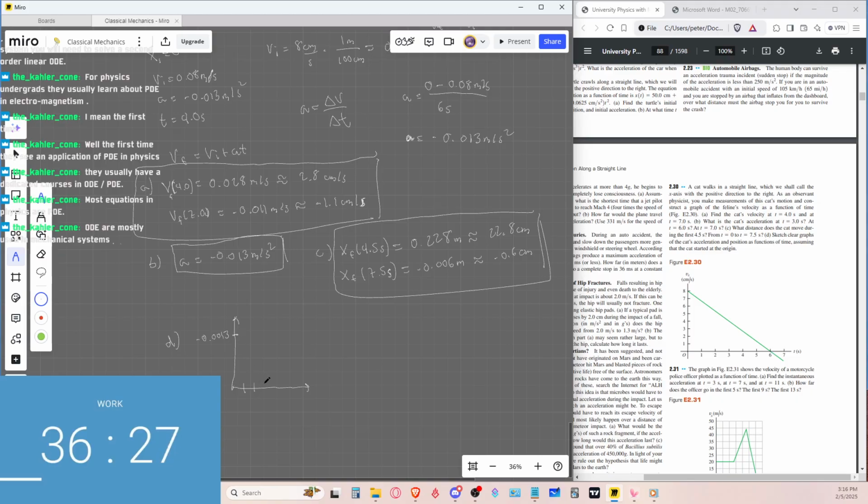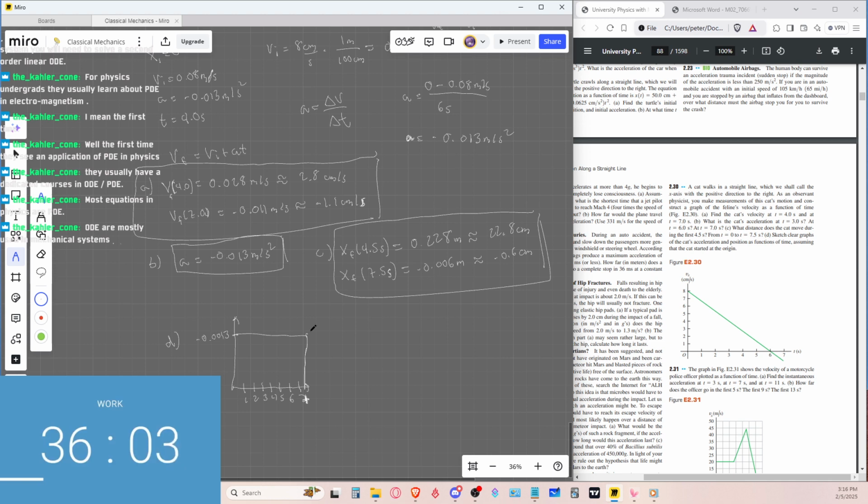Because you have all the way up to 7 seconds, right? So 1, 2, 3, oh, we drew perfectly, 5, 6, 7. And since it's just going down with time, that means the acceleration is going to be constant.